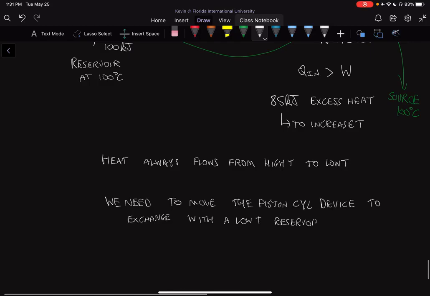And then by making it exchange with a low temperature reservoir, we can now make sure that we have our system going back to 30 degrees.